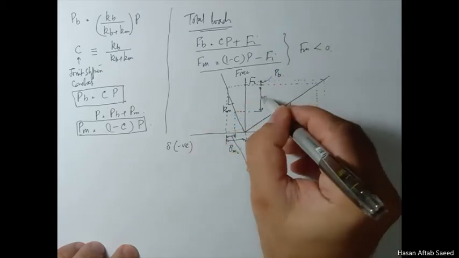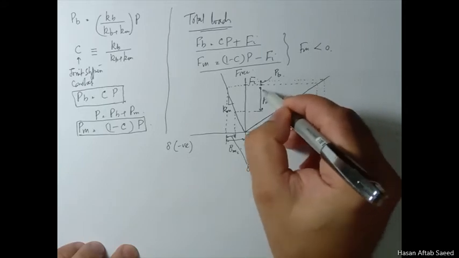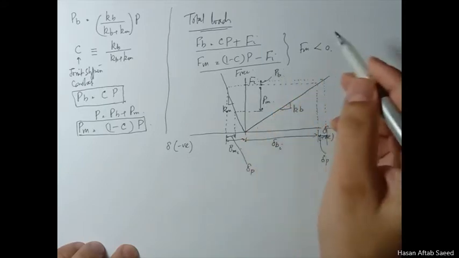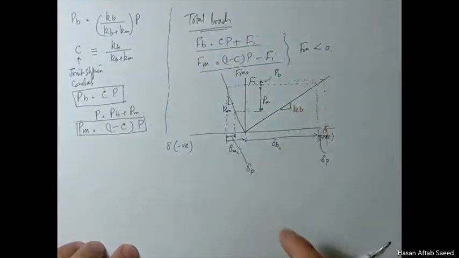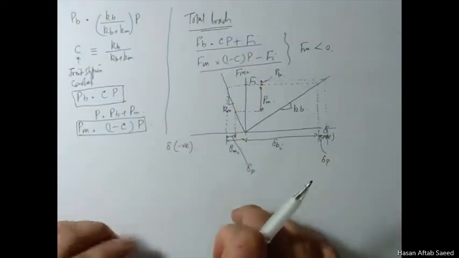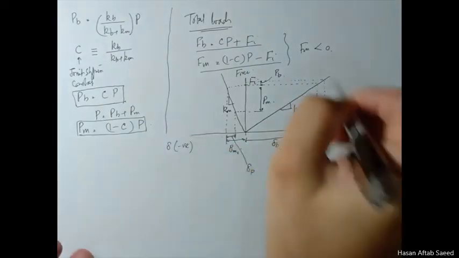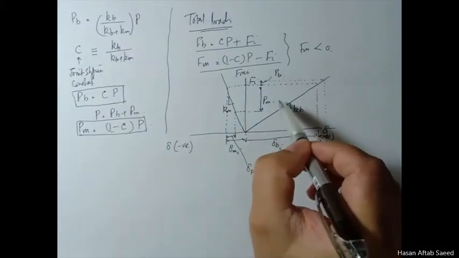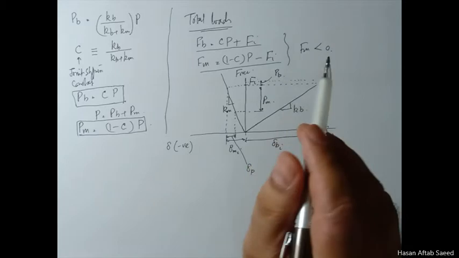So the bulk of the external load, because Pb plus Pm is P, but this Pm is much larger than this Pb, and this is inevitable because of the difference in these stiffnesses. So the moral of the whole story is that the bulk of the external load P is taken up by the members, not the bolt.